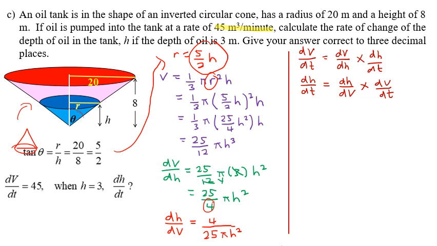So chain rule from dV/dt. Now we put dH/dt as the subject, since the question asks about dH/dt. And as I mentioned before, we have to use dH/dV. Okay, so we already reversed dV/dH to get the dH/dV. After that, no problem, you just substitute over here.